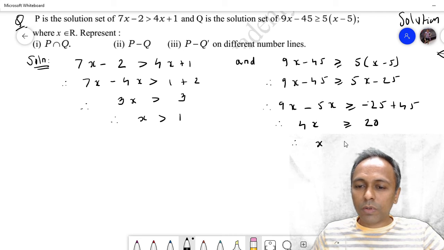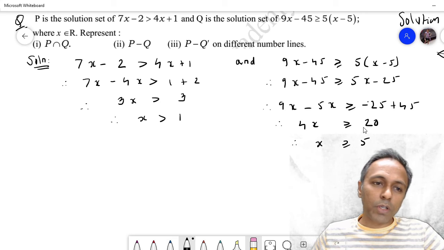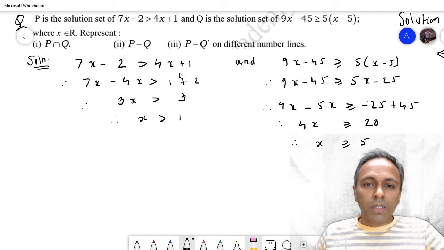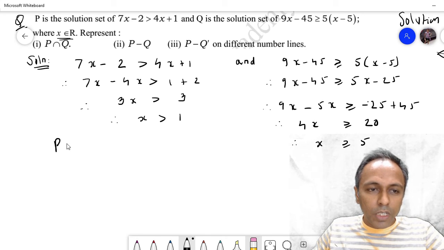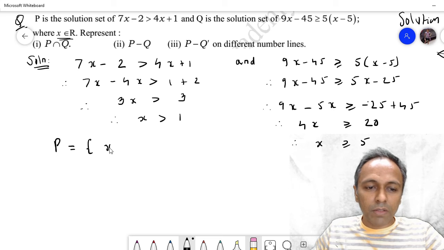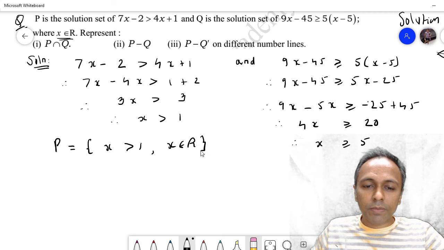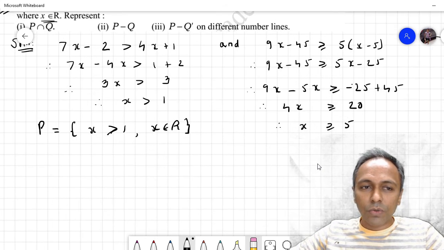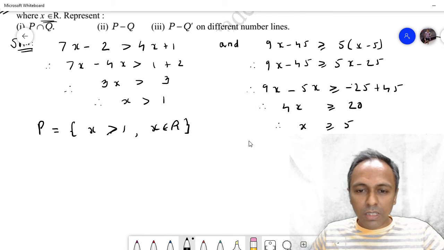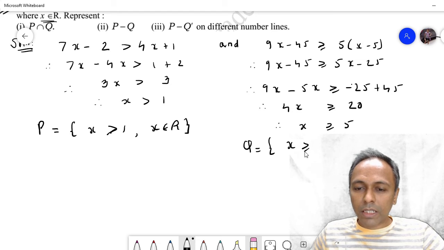Let's divide by 4. So x is greater than or equal to 5. x belongs to real numbers. So talking about the P set, which is the solution for x greater than 1, x belonging to real numbers, right? And Q is the solution set for the second part, x greater than or equal to 5, x belongs to R.